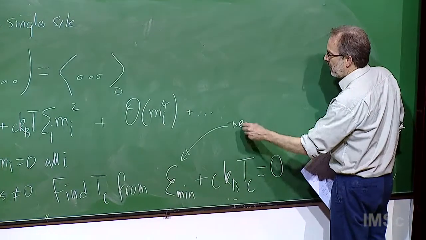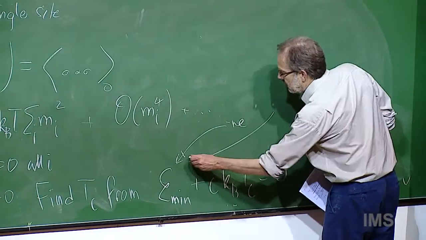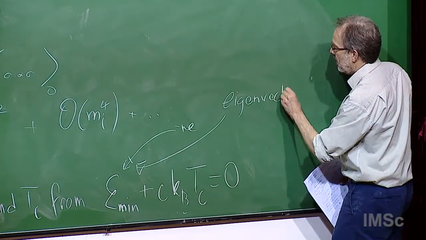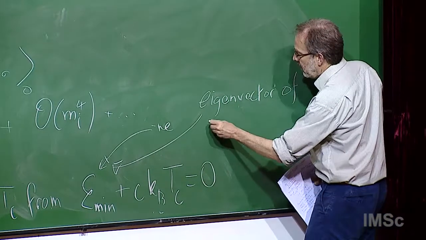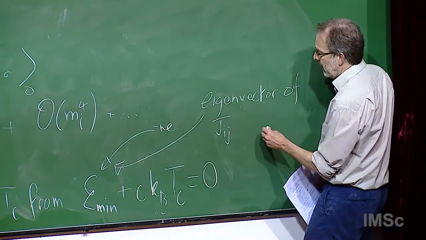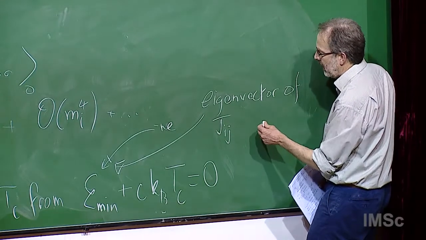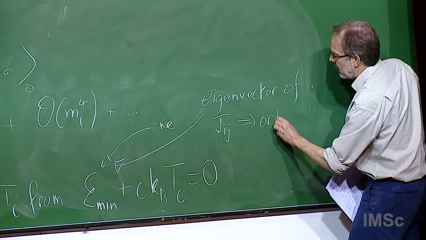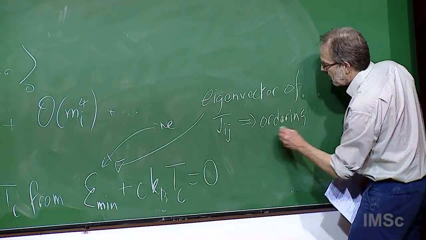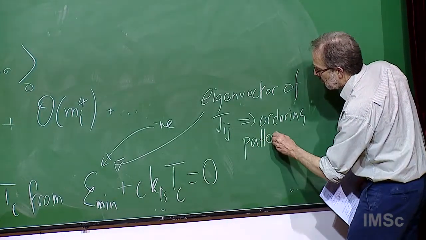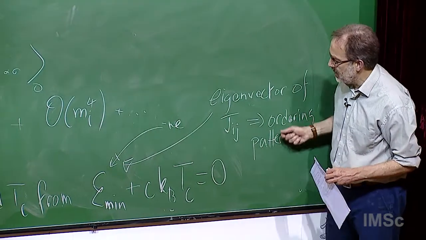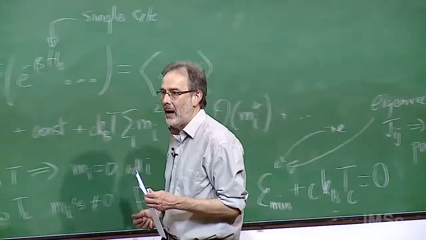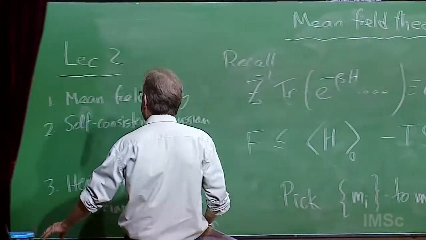The eigenvector of J_ij corresponding to this epsilon min gives us the ordering pattern. And it's going to turn out that it's at this point that we see how mean field theory goes wrong in frustrated systems.